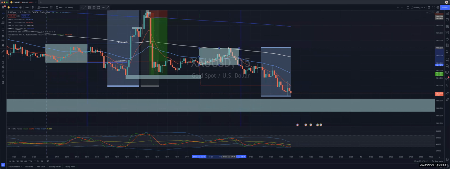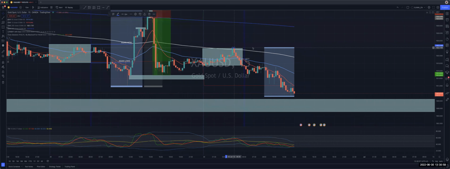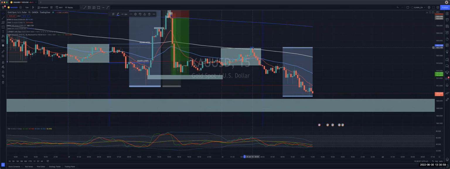So, okay, that was the Asian session. Asian highs, Asian lows. So this type of setup, if you follow BTMM, this is the AR Asian range bounce.